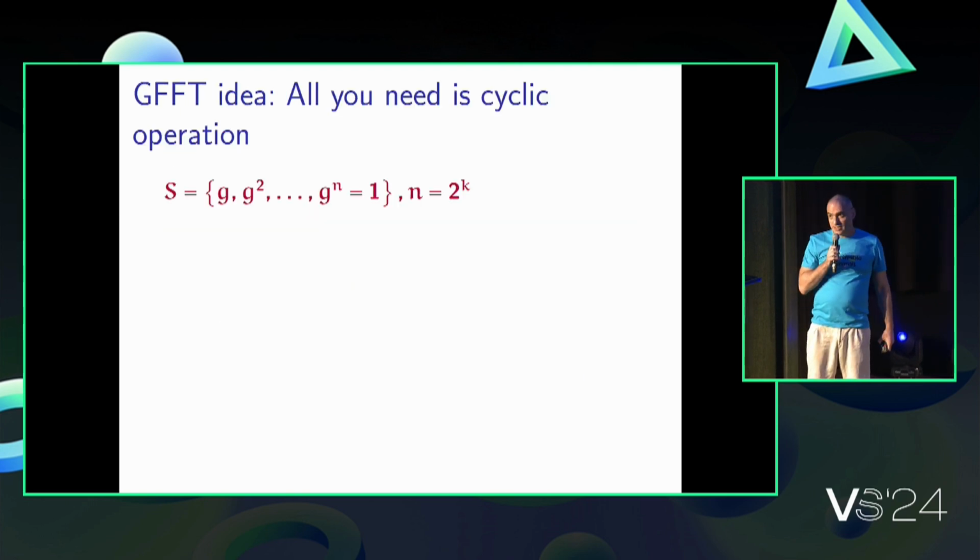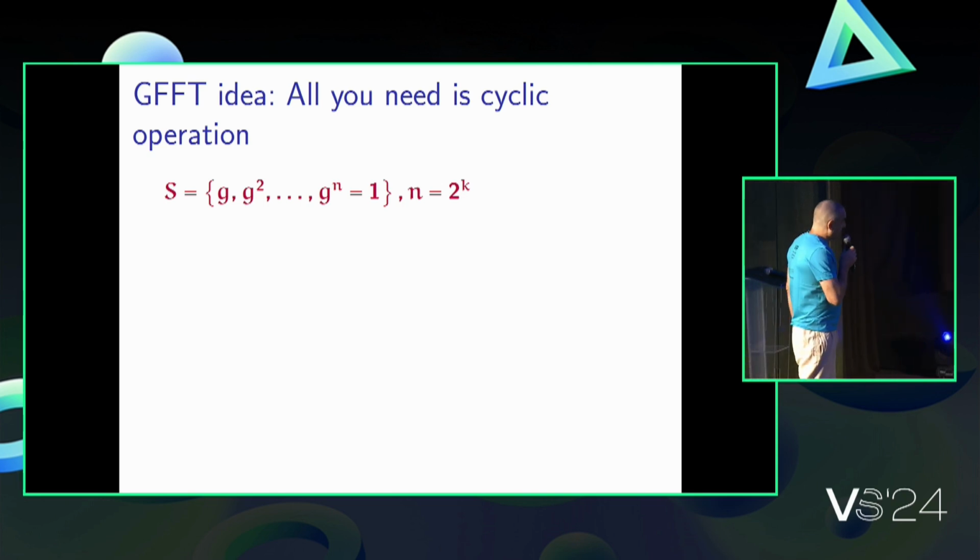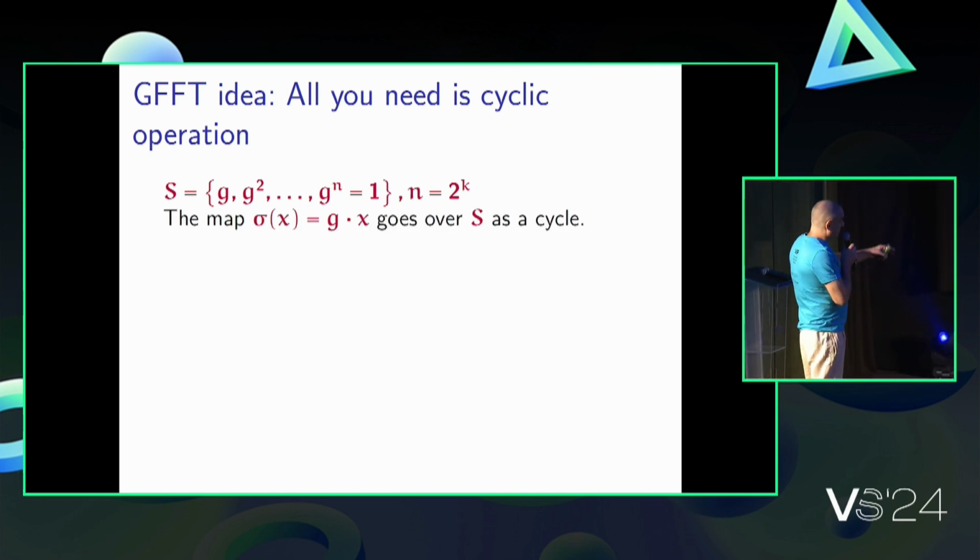And the central idea, one of them, is that really the main thing you need is a set with a cyclic operation on it. So again, looking at the classical FFT from that viewpoint, we have the map x goes to g times x.